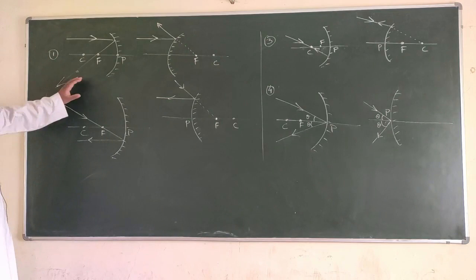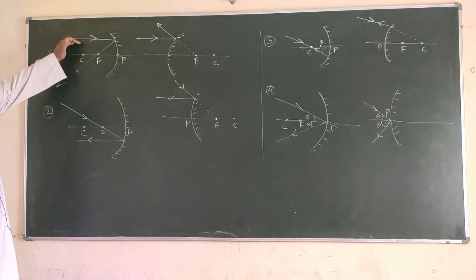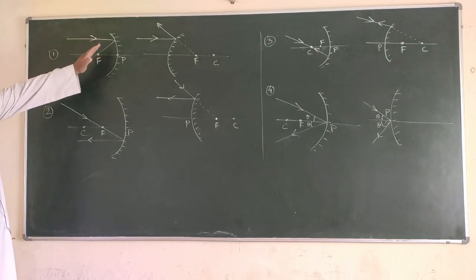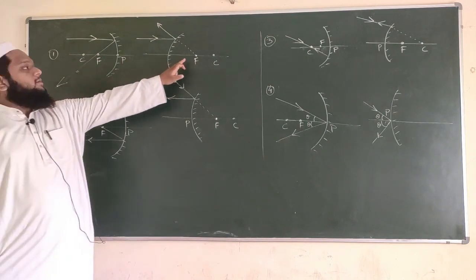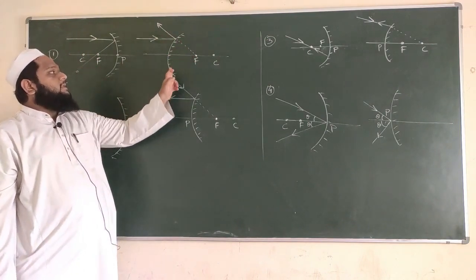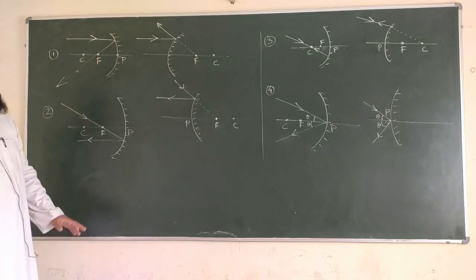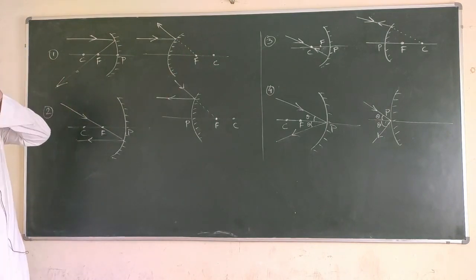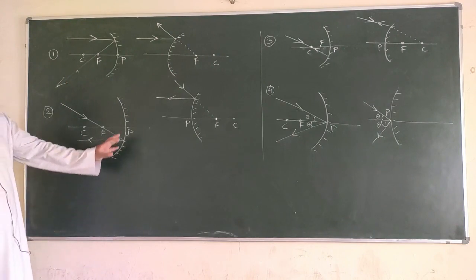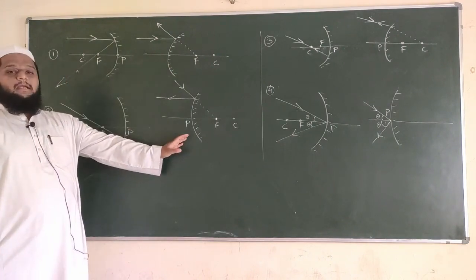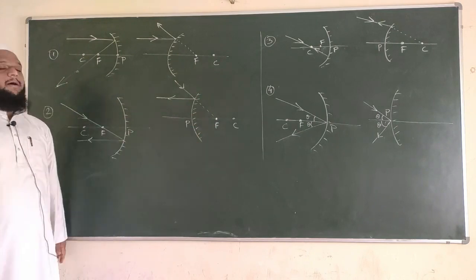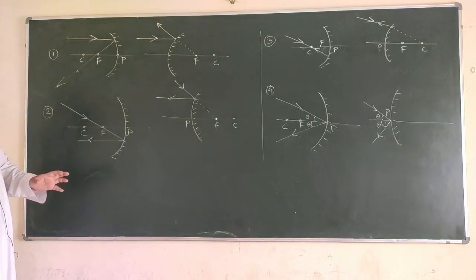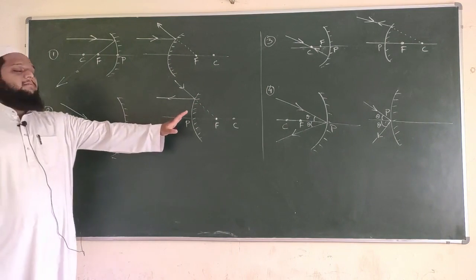That's why the first rule says, when parallel rays of light are incident on the mirror, they pass through the principal focus in case of concave, and they appear to pass in case of convex. Throughout the chapter, majority of the times wherever you have a convex mirror, it is always "appear to", because the image is not real.